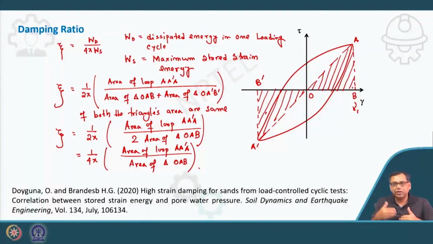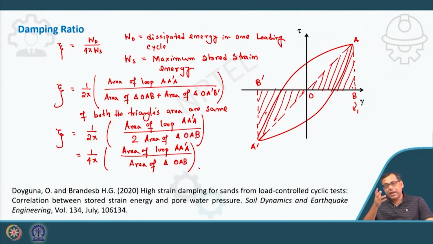The damping ratio value will reduce. So you have to be very careful to use this equivalent linear approach to calculate the damping ratio if the strain level is very high. For example, if it is more than 1%, then because of the highly non-linear nature of the soil, your maximum stored energy is overestimated if I use the equivalent linear approach.